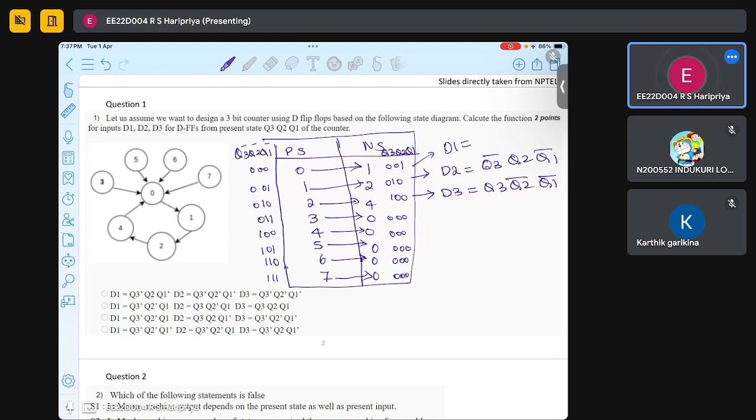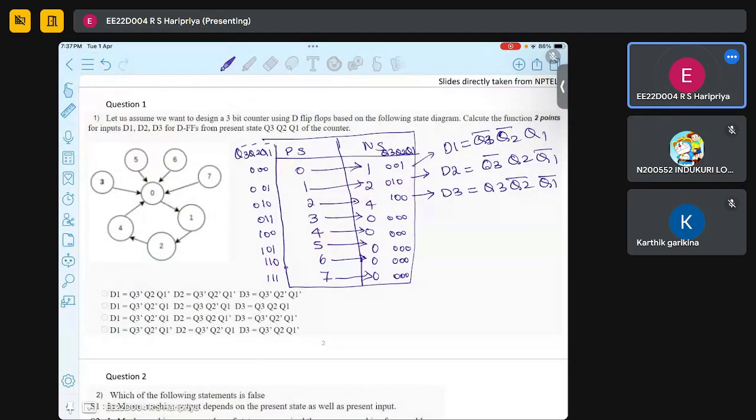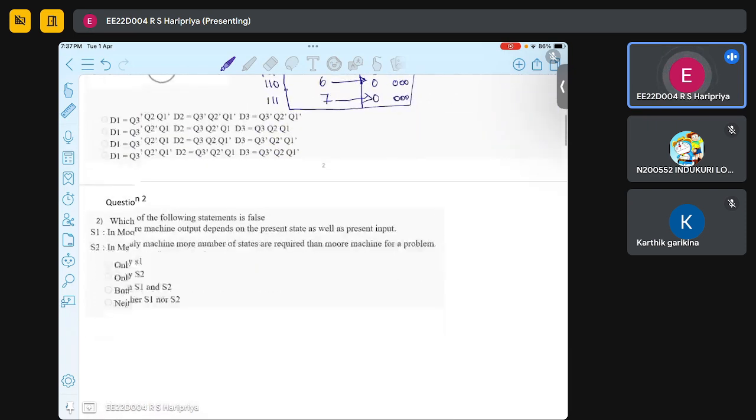D1 is equal to Q3 complement. And this is the procedure to solve it. Going to the next question.